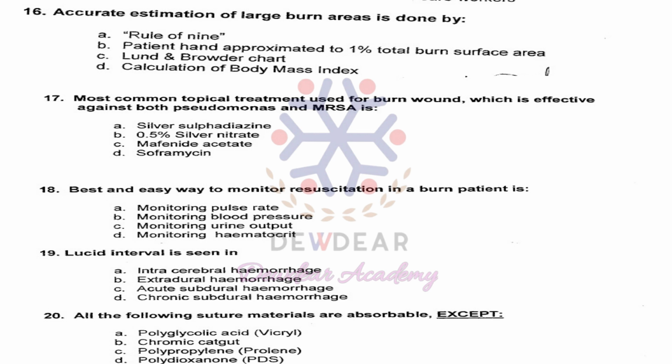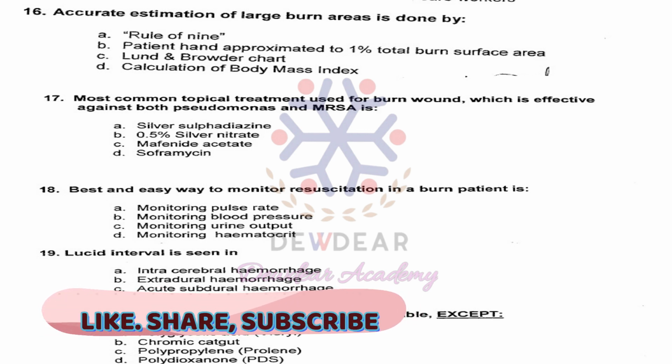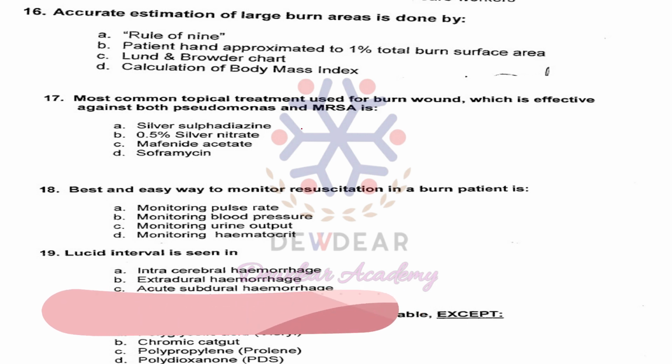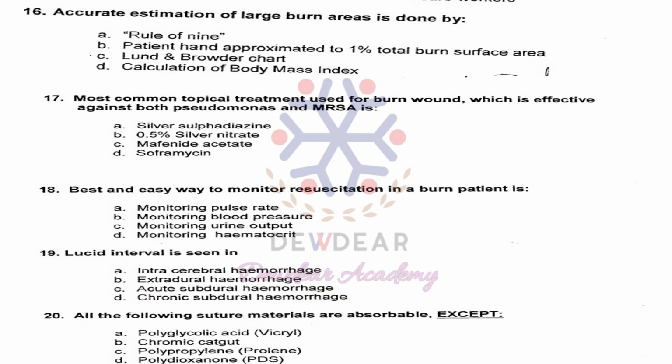The Lund and Browder chart is the most accurate way of estimating large burn areas. Correct answer is option C, that is Lund and Browder chart.